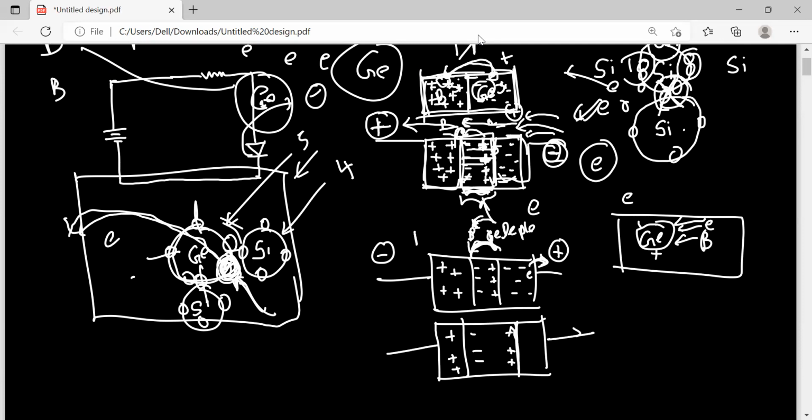If it happens, there will be a huge voltage across this, so that the current can't flow through this diode. That's the thing you need to understand. If you give this positive side to the negative N type of this semiconductor, the electrons of germanium are going to be attracted from this side too.